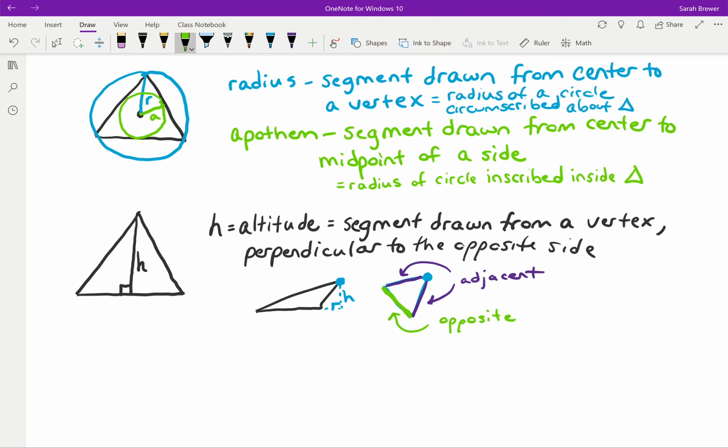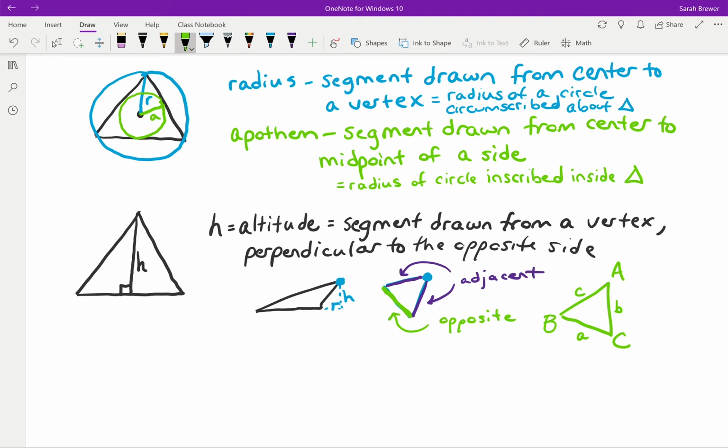If we start labeling our triangle, generally the convention is that you use capital letters to name your vertices and lowercase letters to name your sides, and the letters correspond with an angle and its opposite side.